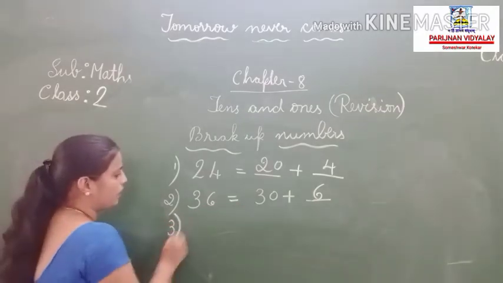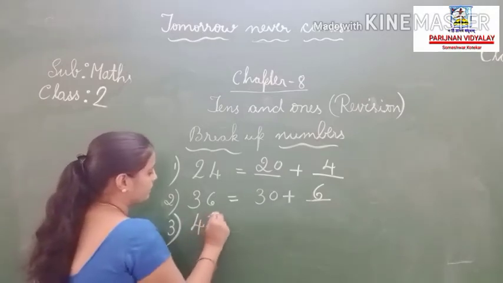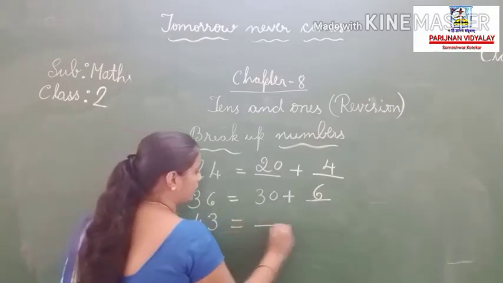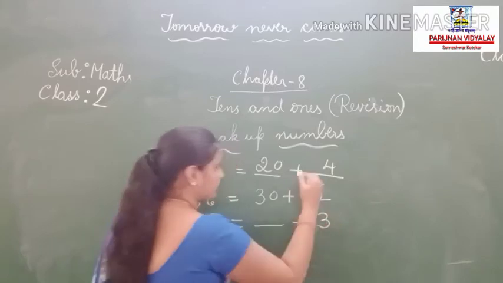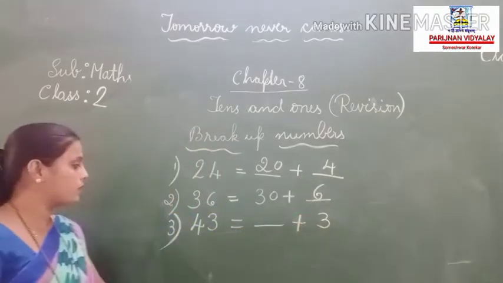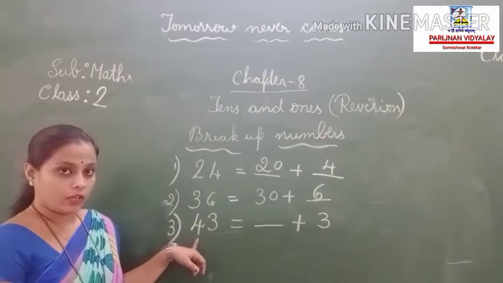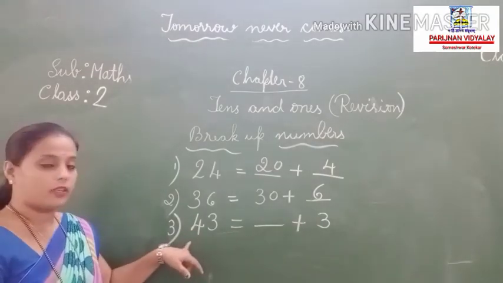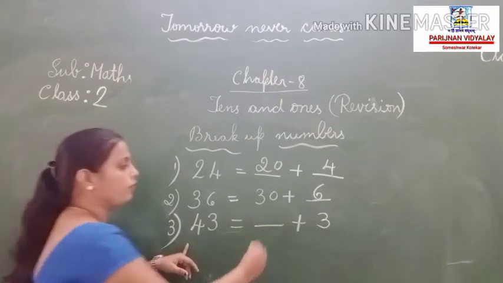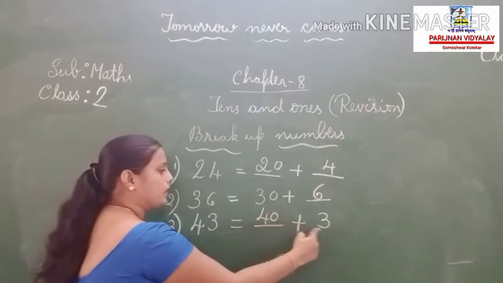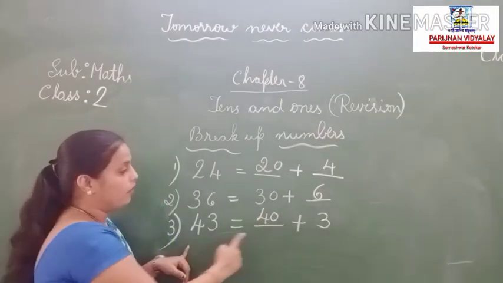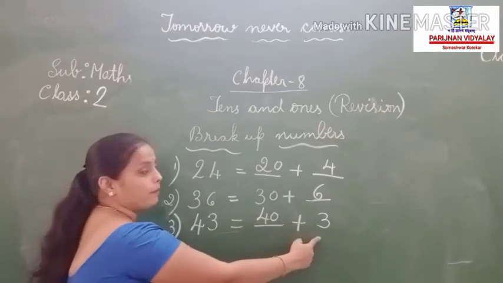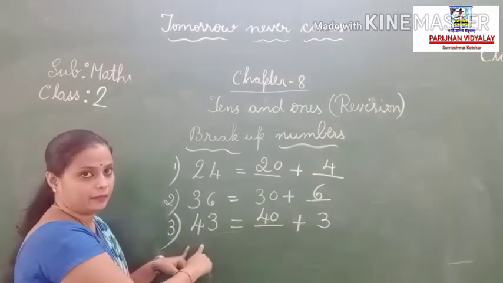The next one is 43. Tell me breakup numbers of 43. 43 means 4 tens and 3 ones, right? So 4 tens means 40. So 40 plus 3, 43.